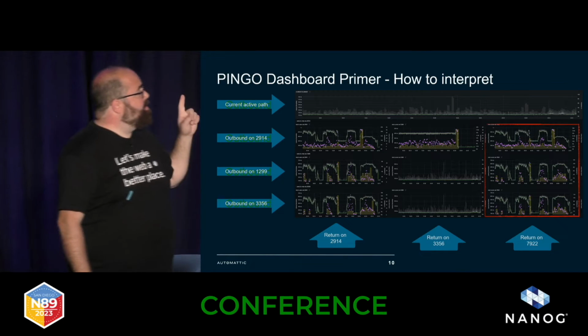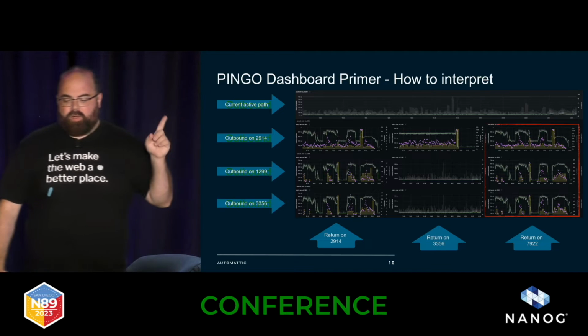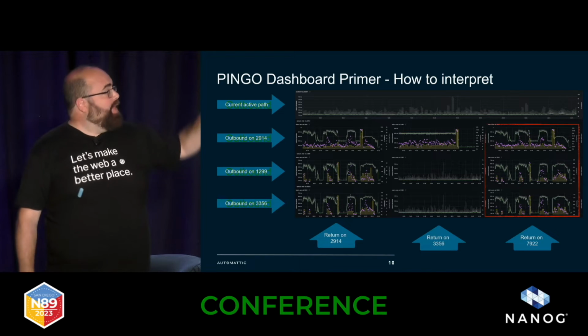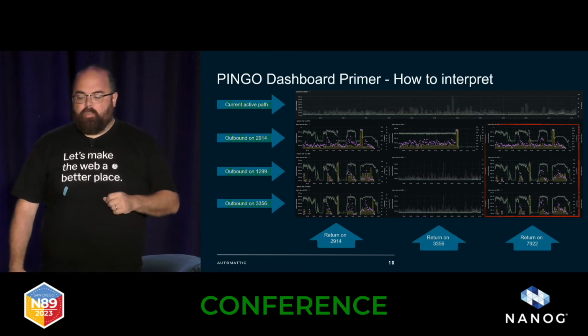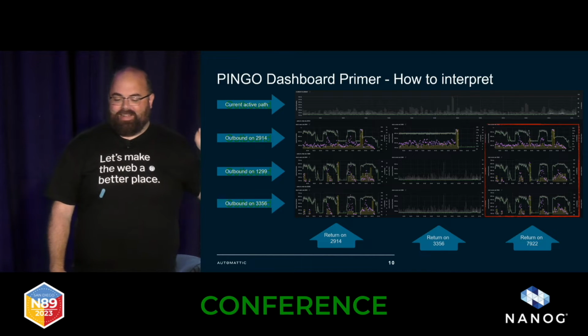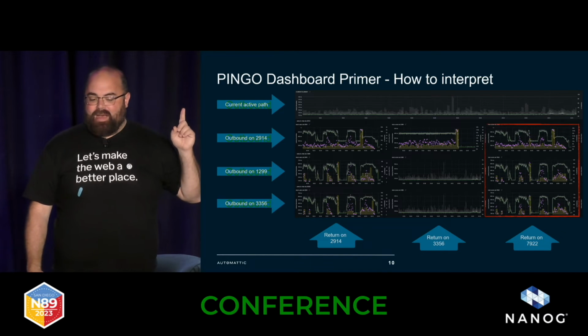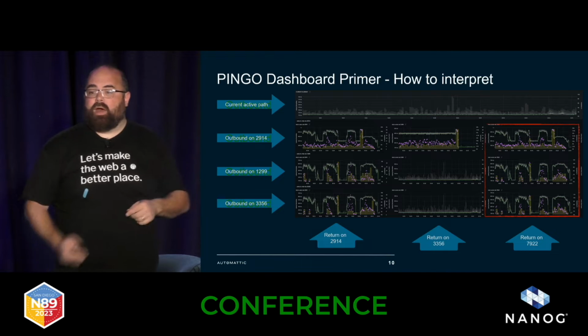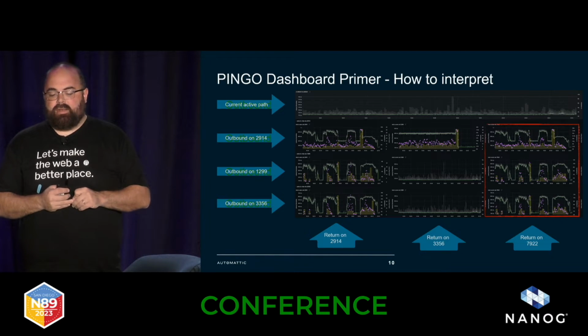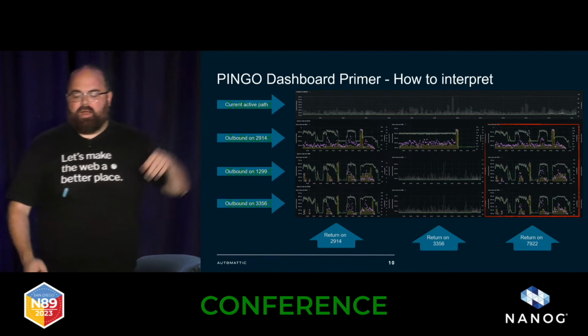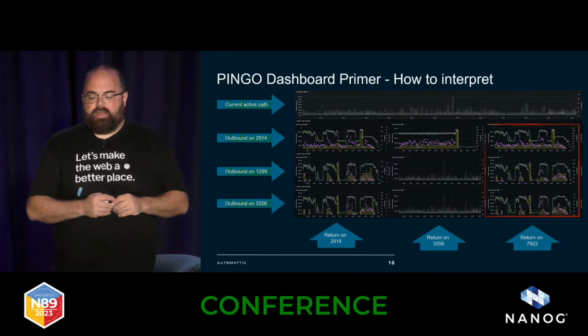So in this example, we're currently experiencing no loss on our current path across the top there. But there's pretty heavy congestion occurring on traffic traversing, so outbound on AS 2914. That's that first, or maybe the second column, destined for this pop.